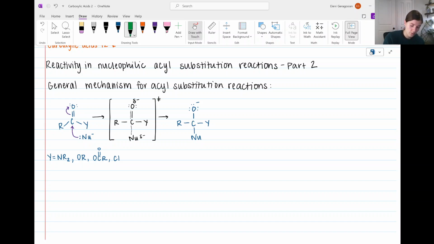So this first structure that we drew in brackets is the transition state for the addition step. And then the structure that we drew after, that's not a transition state; this third structure is our tetrahedral intermediate.